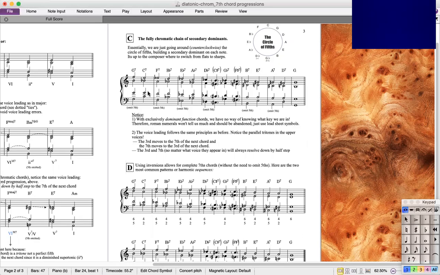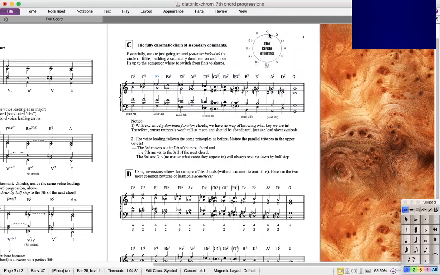And so what you end up with, if you're looking at this top system here on the 3rd page, is this really continuous chord progression of 5/7. So G7, C7, F7. Notice that we're going around C, right?